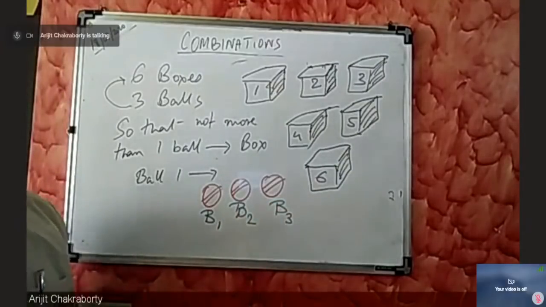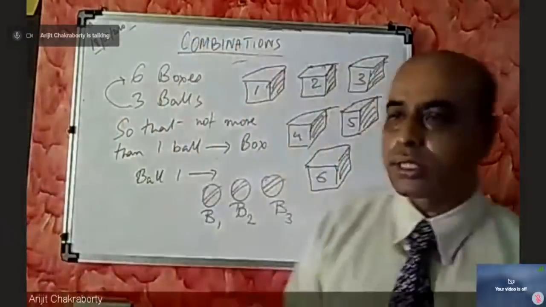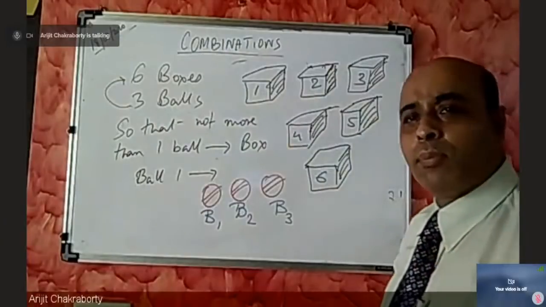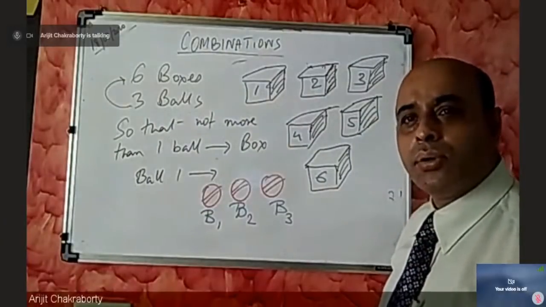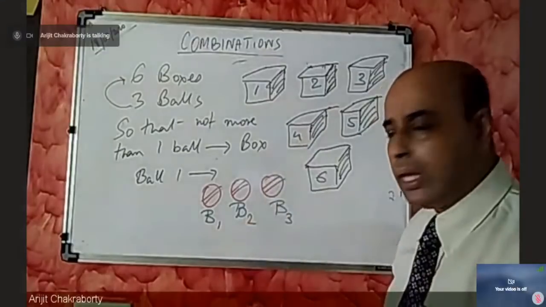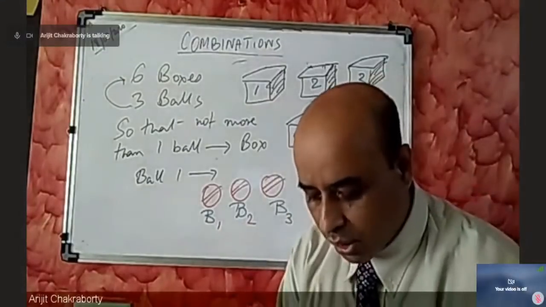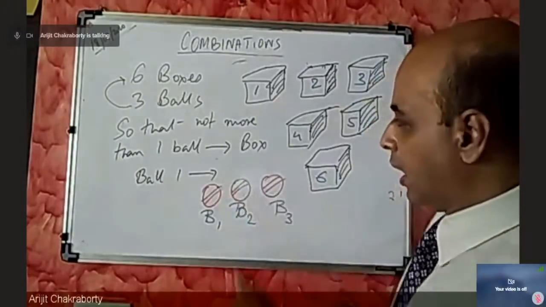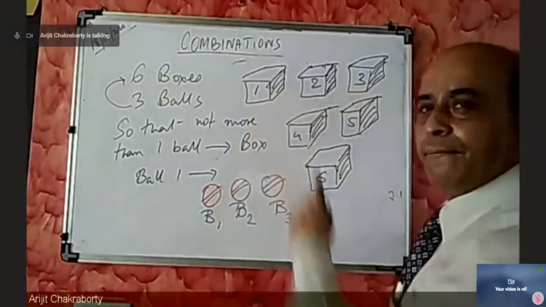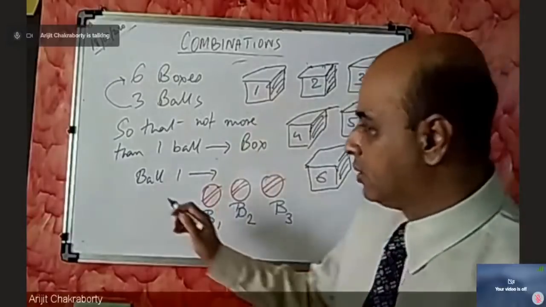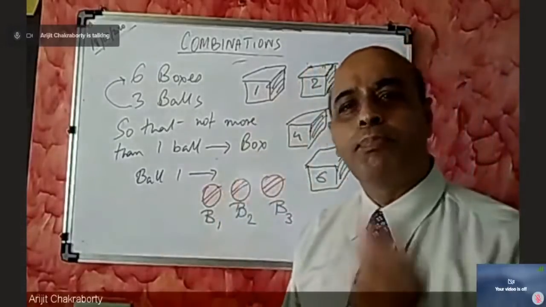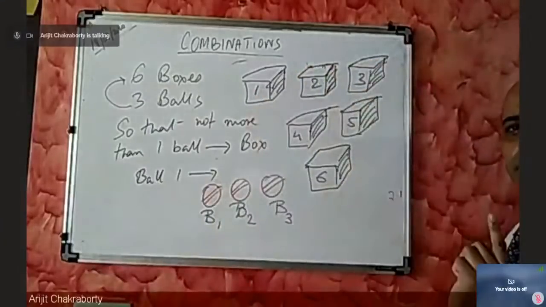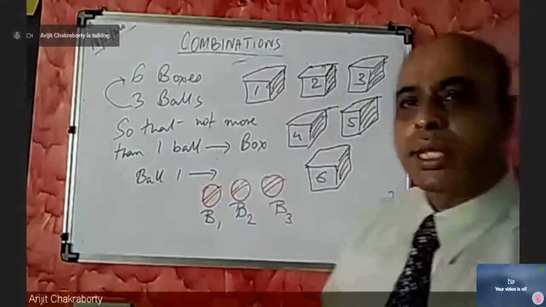And I have to put these balls into these boxes such that not more than one ball will go into one box. So for ball number 1, all the boxes are empty.